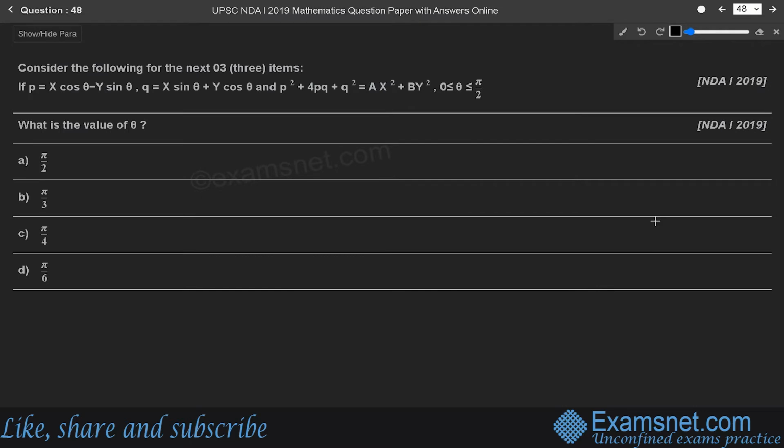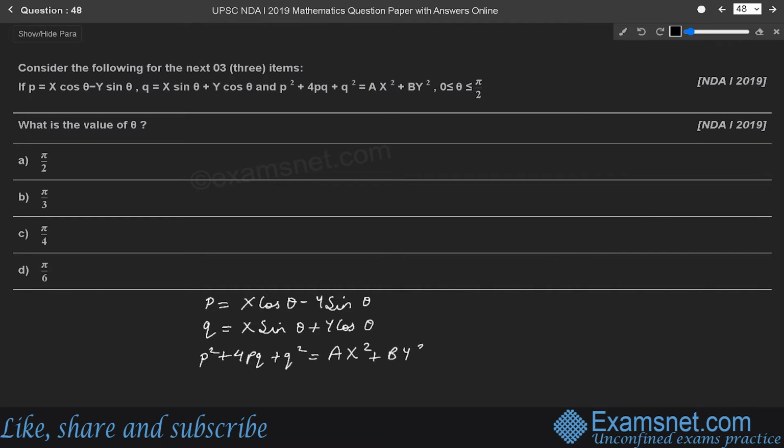Next question is, consider the following for the next 3 items. If P is equal to x cos theta minus y sin theta, Q is equal to x sin theta plus y cos theta, and P square plus 4PQ plus Q square is equal to Ax square plus By square, where theta lies between 0 and pi by 2.